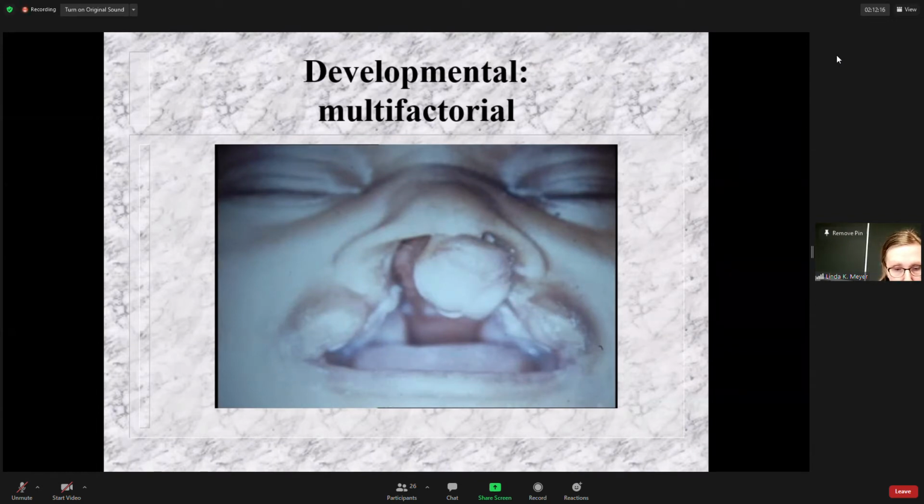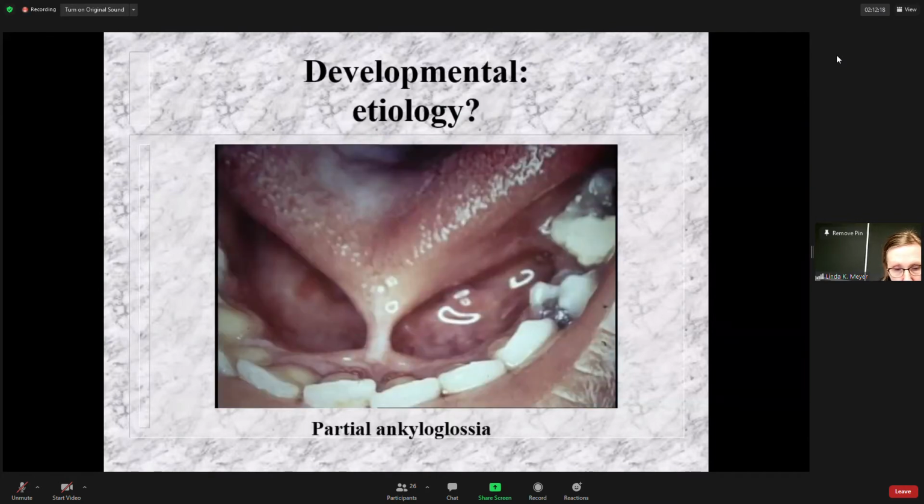And I just wanted to mention, sometimes it's not clear if something developmental is genetic or environmental, but there are patients that develop a shortened lingual frenum closely attached to the tip of the tongue, and they don't really know why this occurs in some patients.